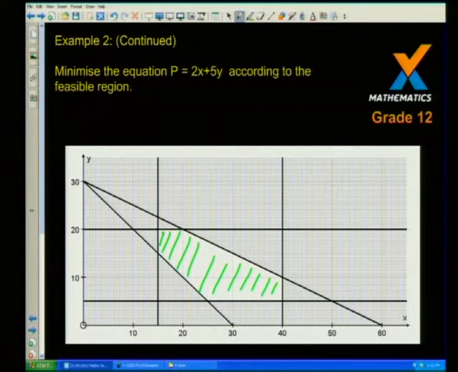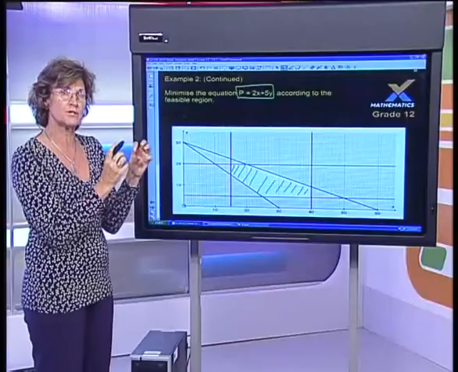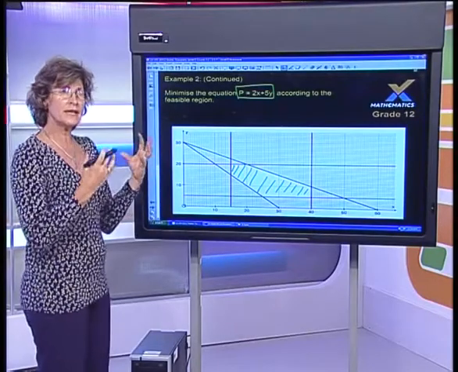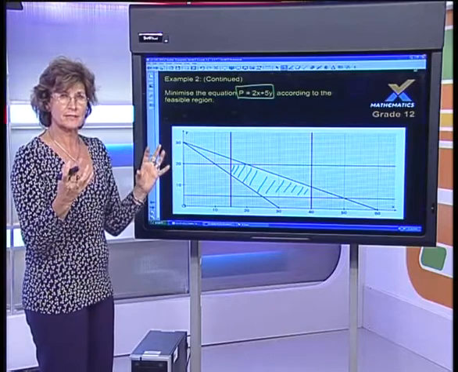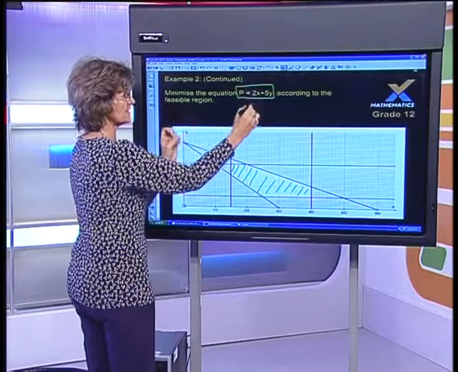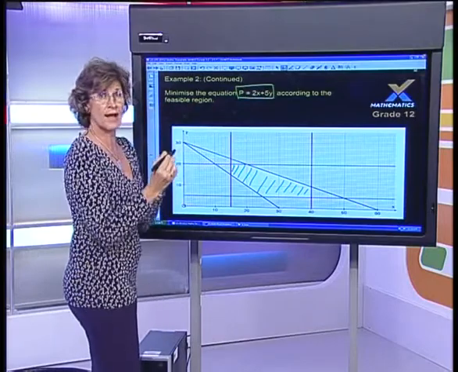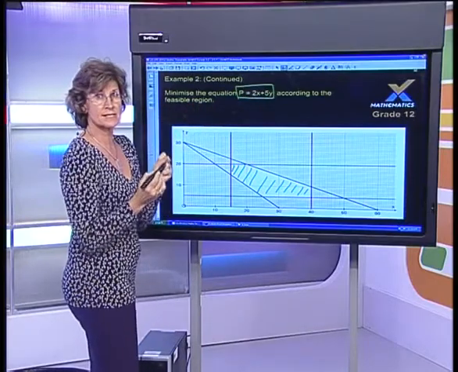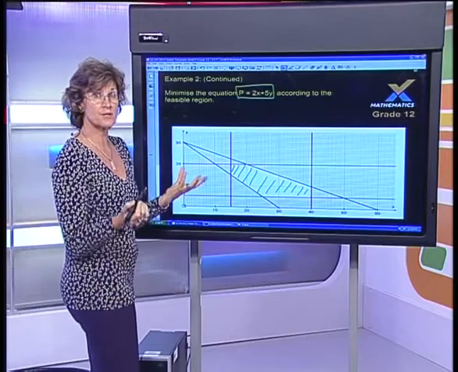The question says that we want to minimize P equals 2x plus 5y according to the feasible region. Now, normally in these questions, P stands for profit. So normally you're making 2 rand off of every X item and 5 rand off of every Y item. And we want to minimize this. Of course, we can maximize it as well.